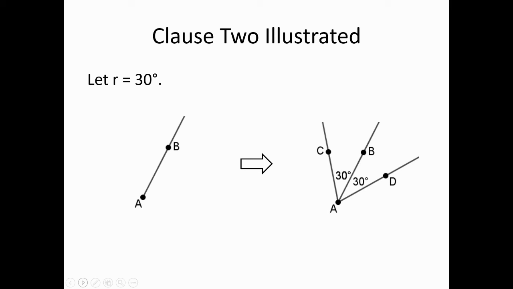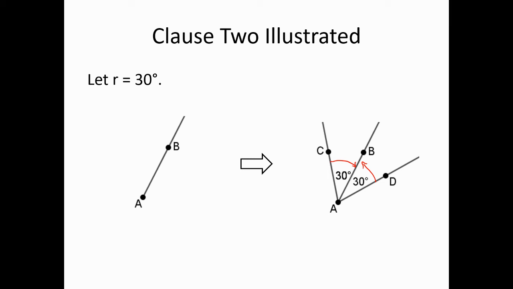So what we begin with, you see this on the left-hand side, is the ray AB. And then what clause 2 of the protractor postulate allows us to do is to add in rays AC and AD, you see them there on the right, that create angle CAB on the one hand and angle DAB on the other, such that each of those angles has the desired measure.